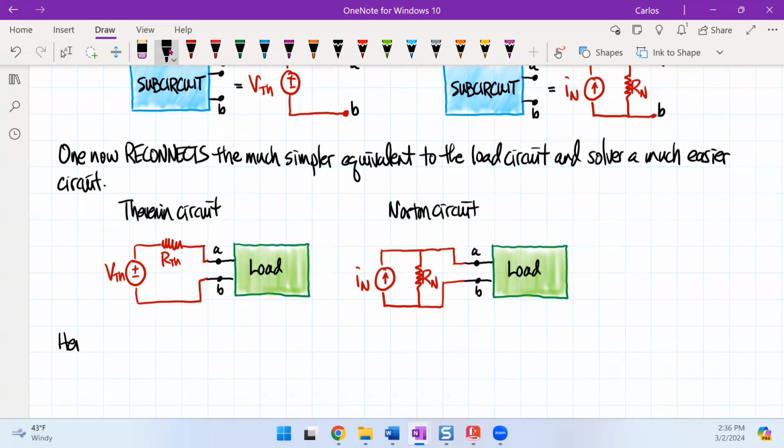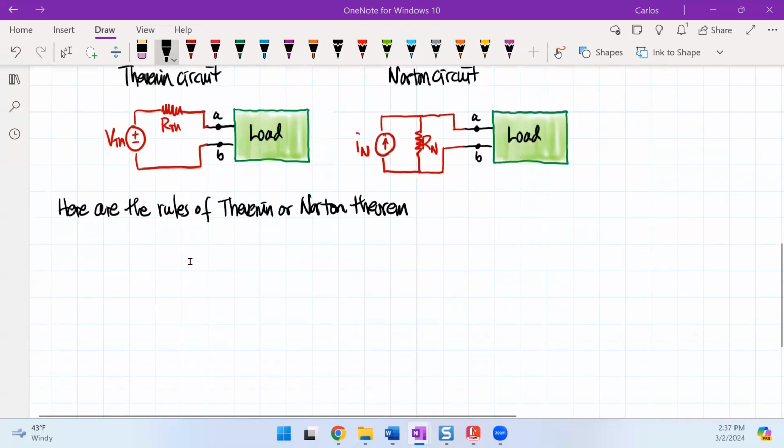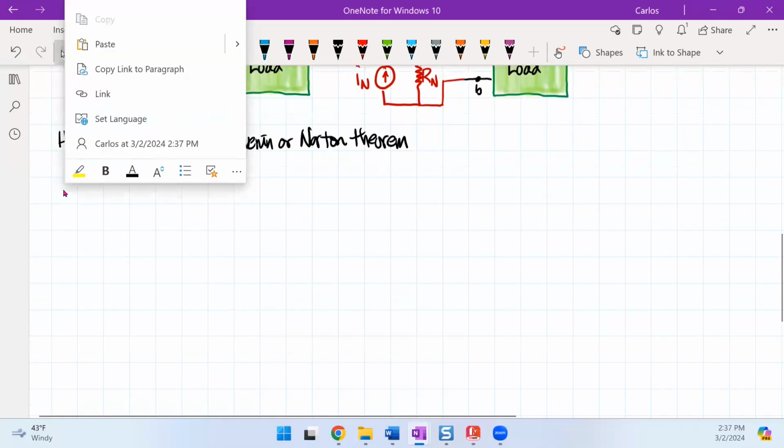Here are the rules of Thevenin's or Norton's theorem. Now, I'm just going to use an image to show you the rules here.